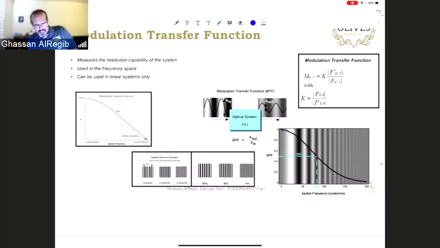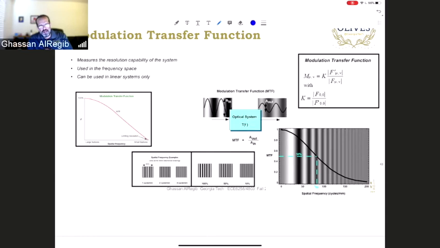Then we look at the MTF, the modulation transfer function. If you take the x-axis as your spatial frequency, how many cycles per millimeter, and the y-axis as sensitivity between 0 and 1, basically how much resolution you have, can you differentiate between these bands.